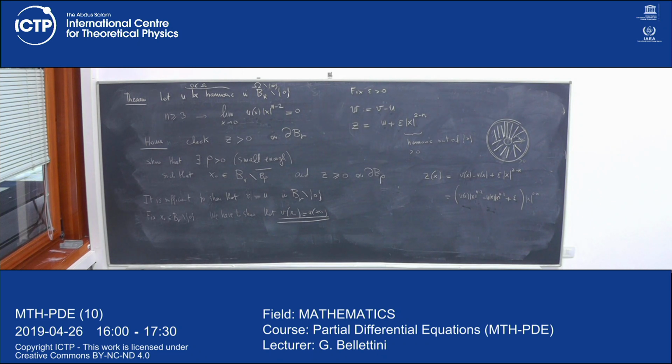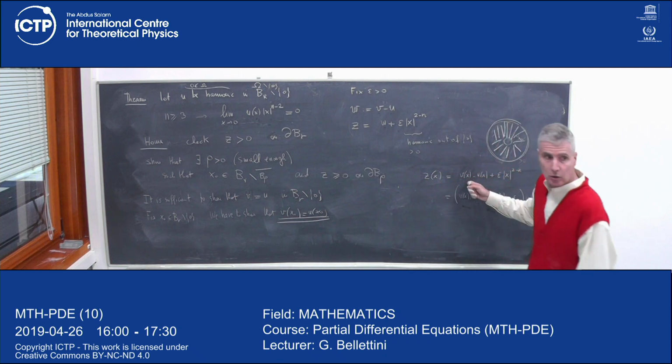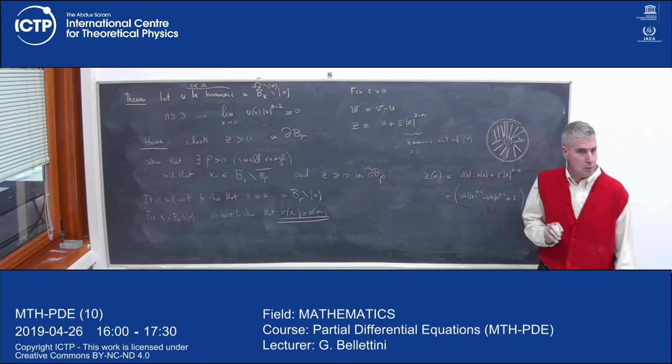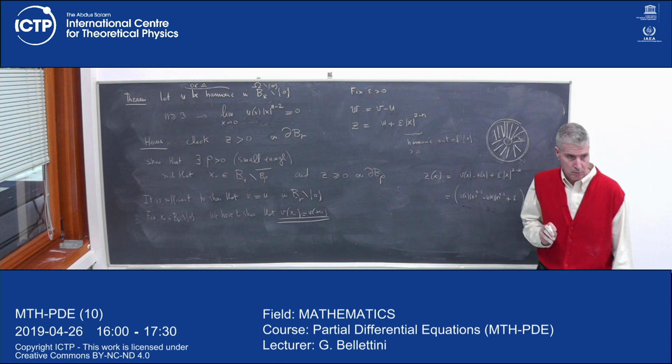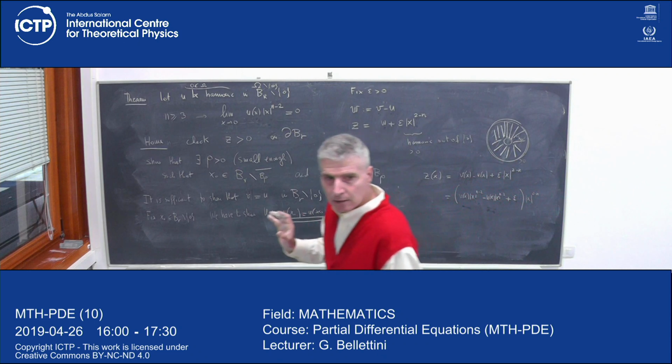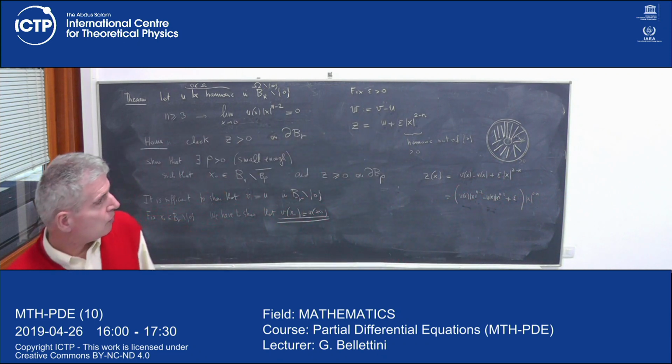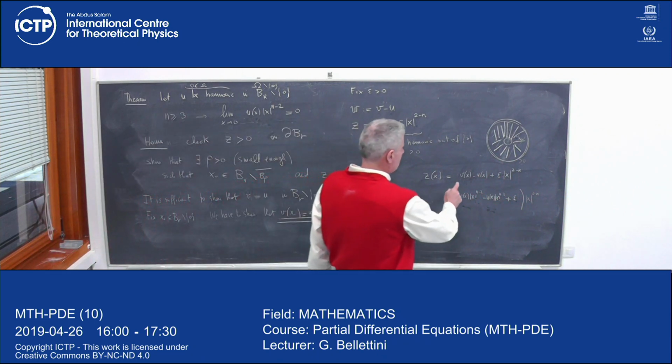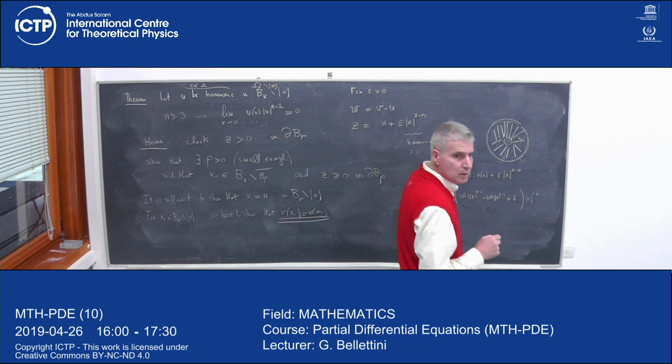So, by the weak minimum principle in this case, we know that z is larger or equal than 0 also inside. In particular, z is larger or equal than 0 at x naught. But epsilon is arbitrary. So we deduce that V of x naught minus U of x naught is larger or equal than 0.